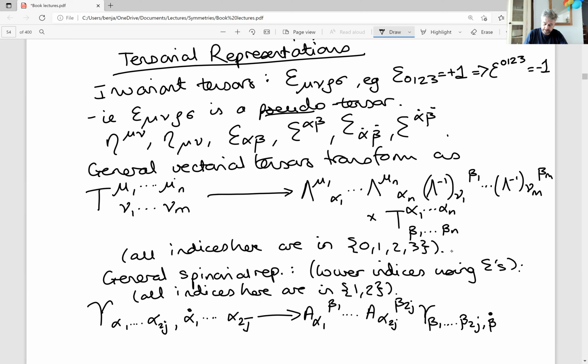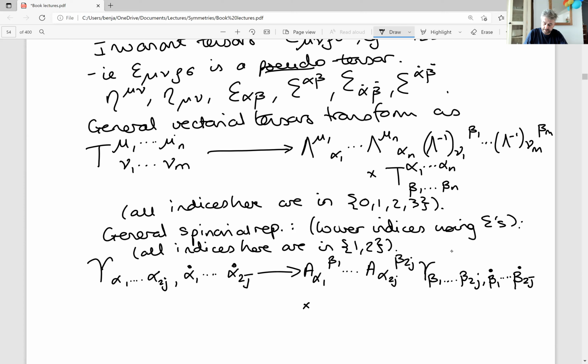And then for the dotted indices, we get A bar to the minus 1s, A bar to the minus 1, beta 2j dot alpha 2j dot.